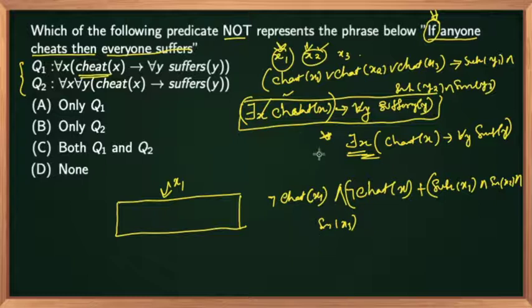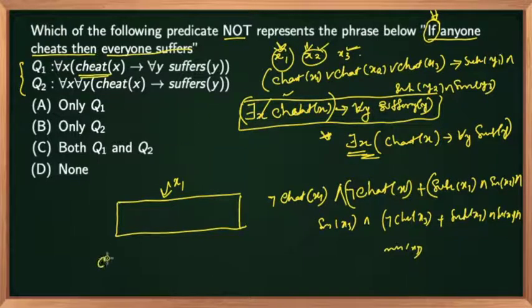So basically what I am doing is, okay, I will just finish this. Let's assume x3 is also a cheater. Then I am seeing not cheat of x3 or suffers of x1 and suffers of x2 and suffers of x3, right? So basically what I want to say is when I'm getting a predicate, I am just checking is a cheat or not, right?